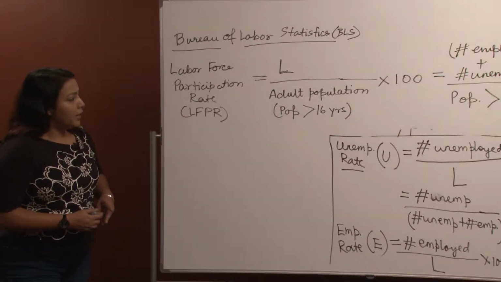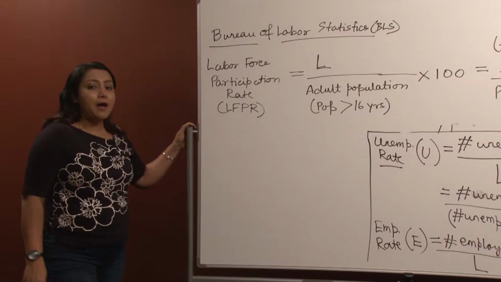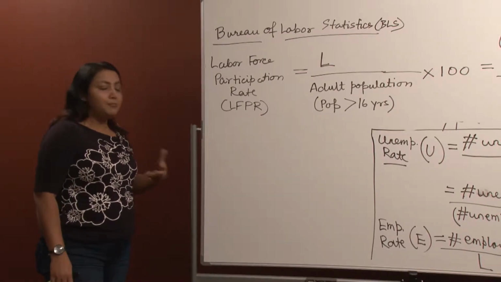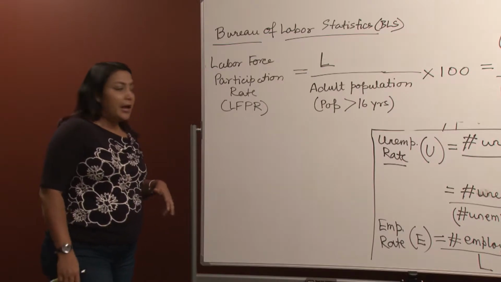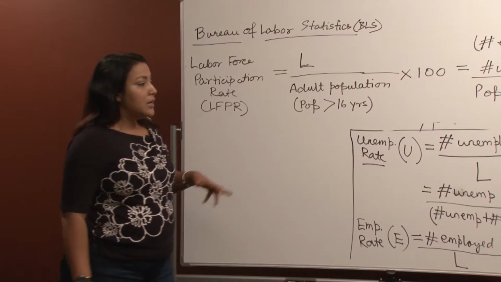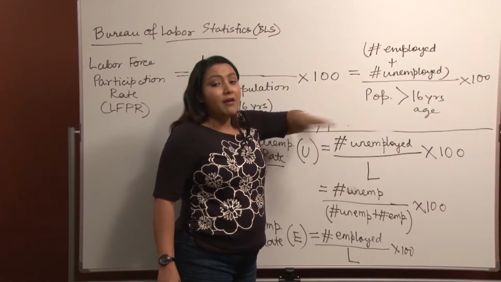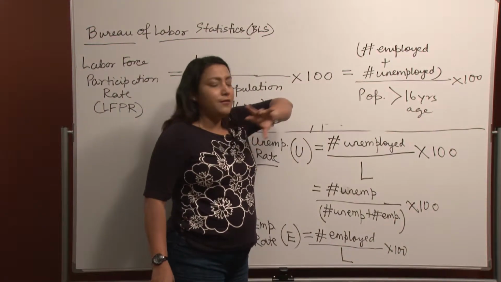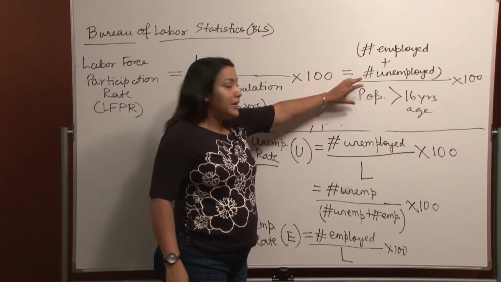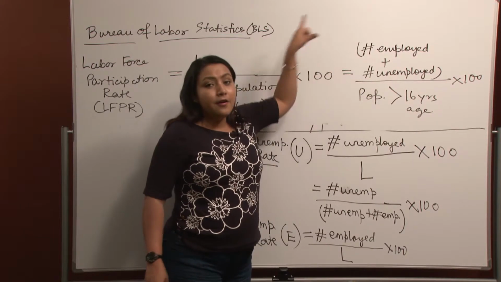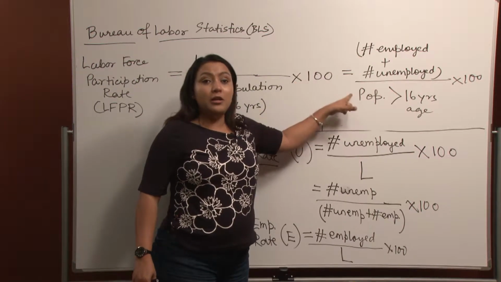Now, you can understand that if you have a population that is super young, with a lot of people below the age of 16 years, then this denominator tends to be smaller, because you have a smaller proportion of people above 16 years of age. And if the denominator is smaller, then the entire fraction would tend to be larger.